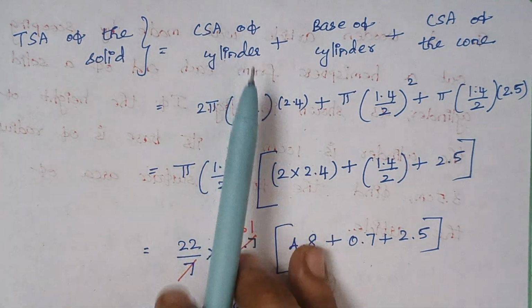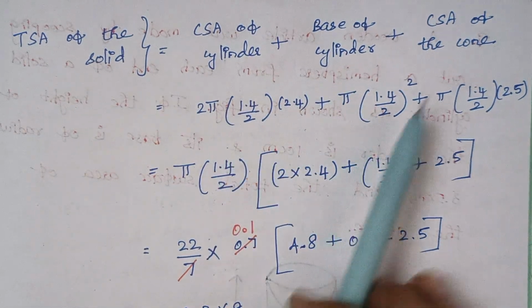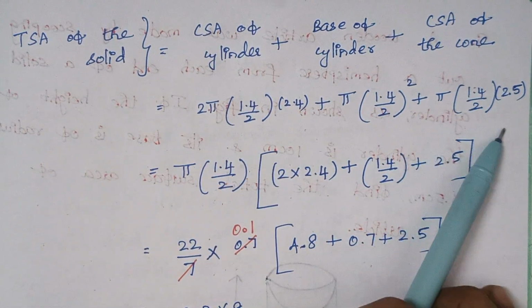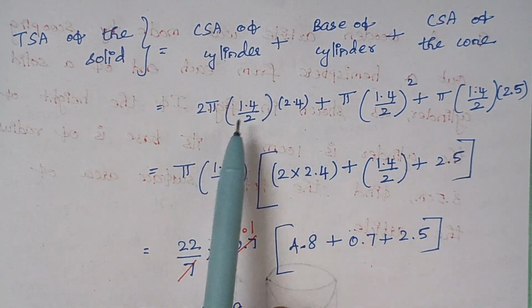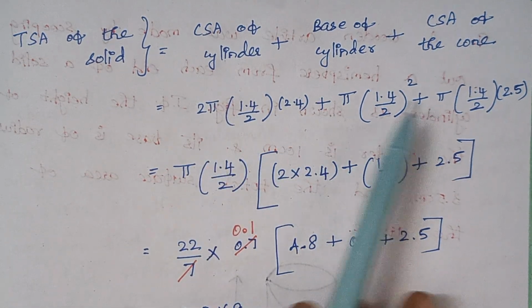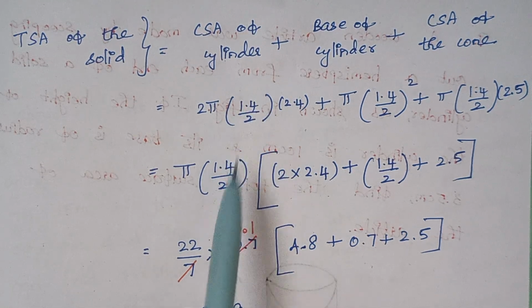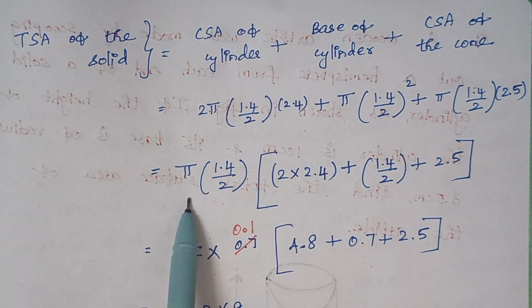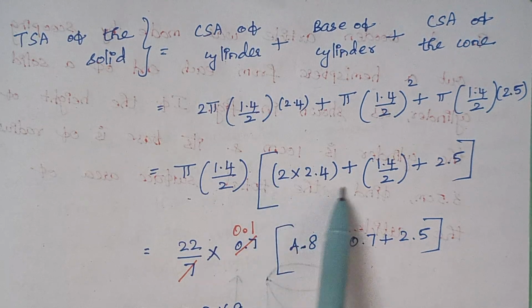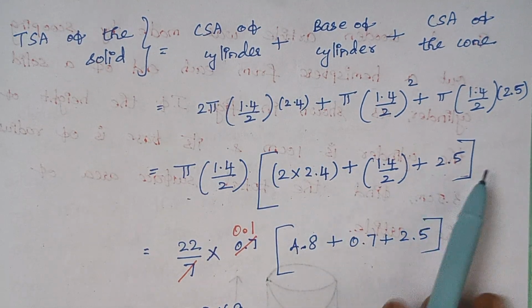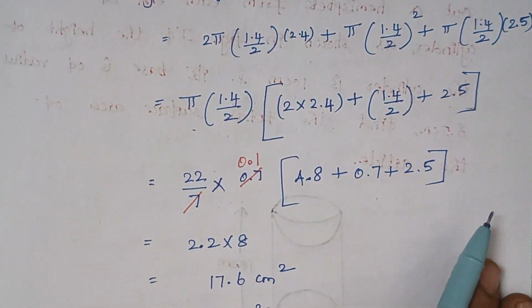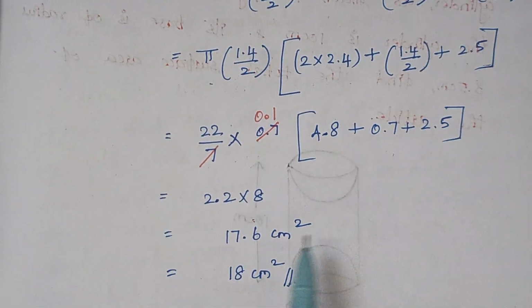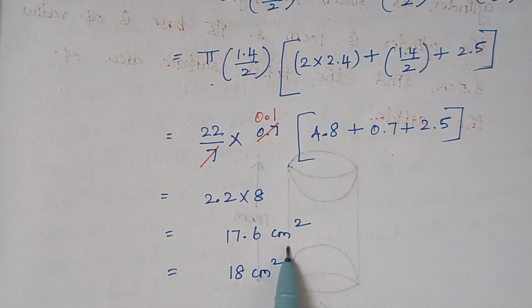So now we are just going to substitute the values: curved surface area of the cylinder, base of the cylinder and curved surface area of the cone, right? The common parameters are pi in all 3 terms as well as 1.4 by 2. So just take the common terms outside and these are the remaining parameters. Once you solve, finally we end up with 17.6 centimeter square.